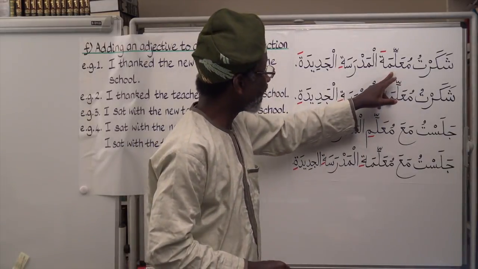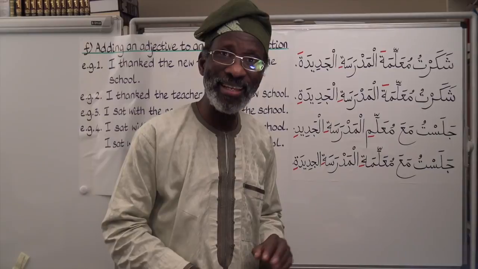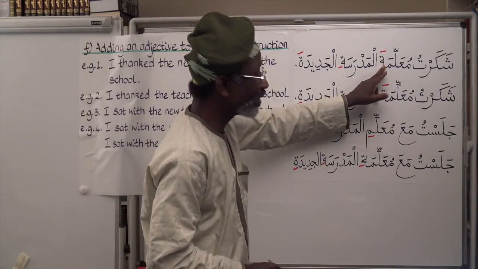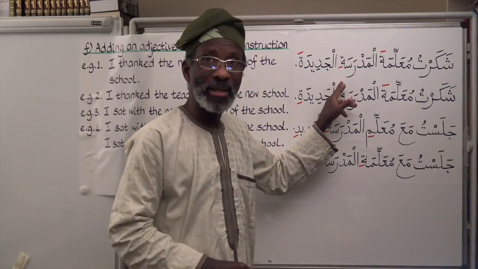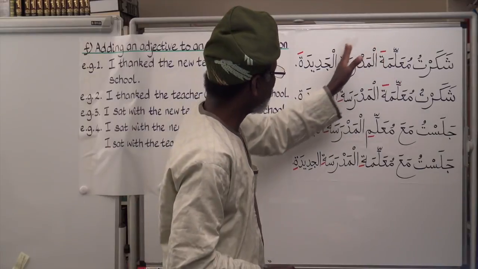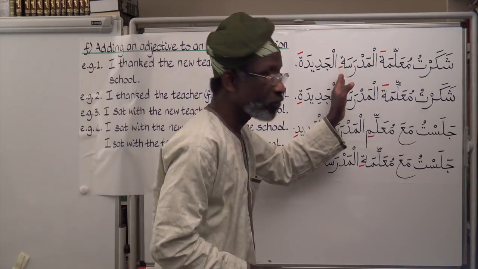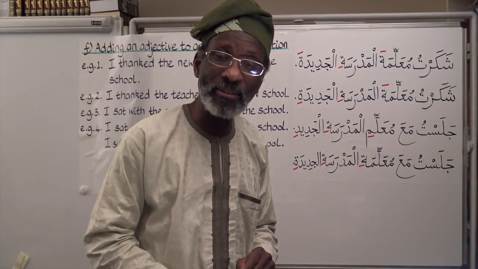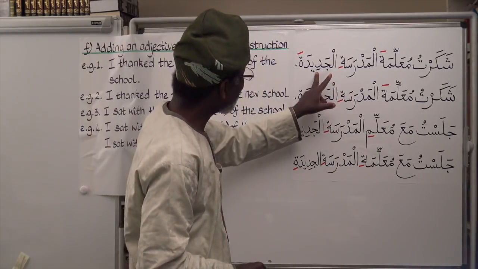Now, this is the Idafah construct, the possessive construction. Muallimata is a noun. Al-madrasati is a noun. There's nothing between them. So, muallimat al-madrasa, teacher of the school, and we have our obligatory genitive case there. Now, this is an adjective.